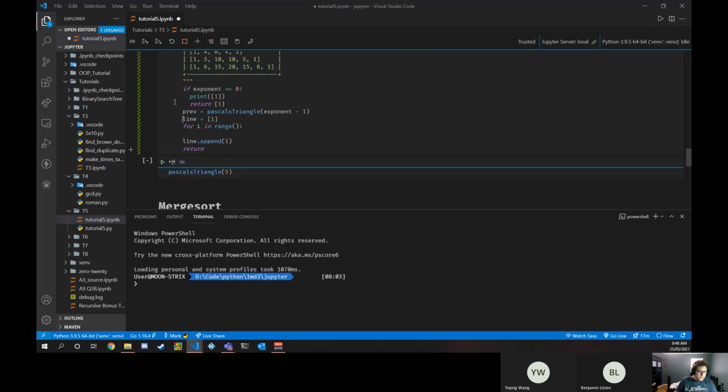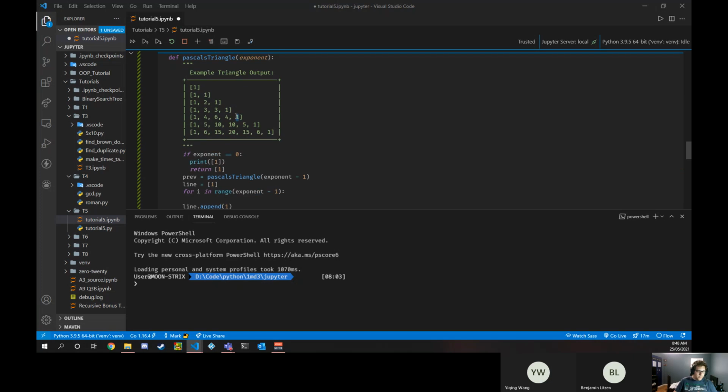So I have completed the base case. I have prepared for the recursion case. I just need to implement this addition rule. So I'm going to start from 0 and go to not the end, because I don't care about this 1, but I'm going to go to this item here.